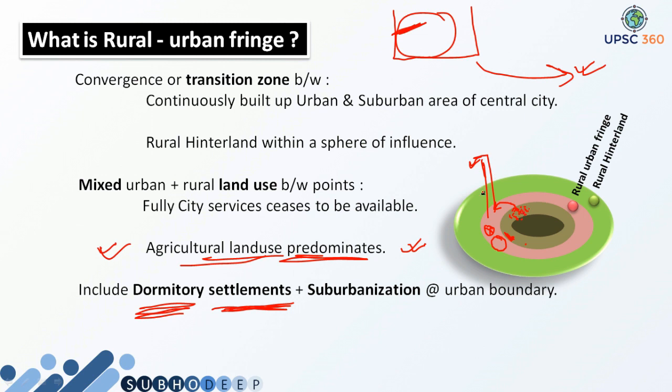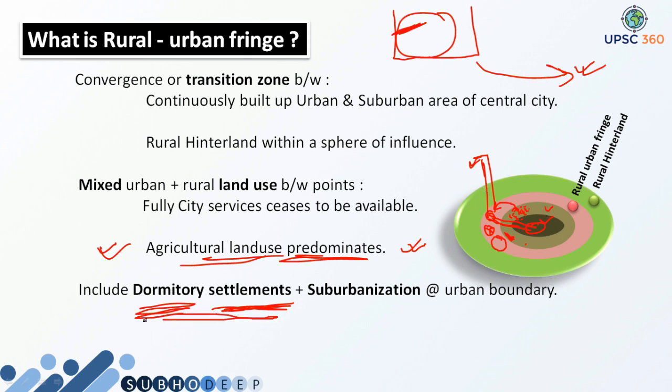That's why people shift to these rural-urban fringe regions. Their office is still in the suburban or main urban area, so every day they commute from this region. So in the daytime the population of the urban or suburban region is high, but at night they go back to their homes.